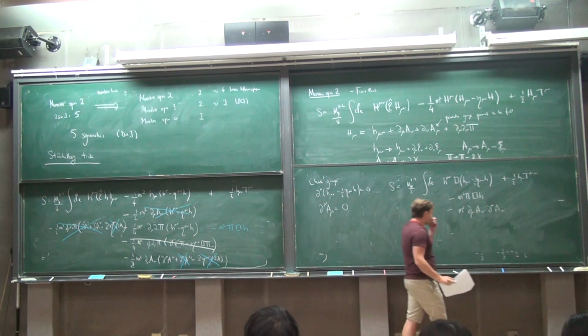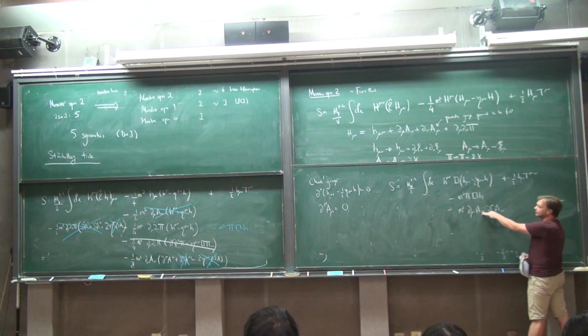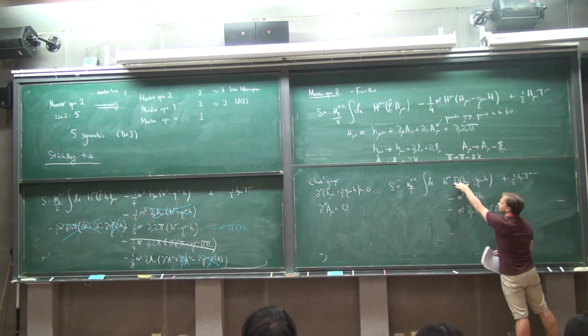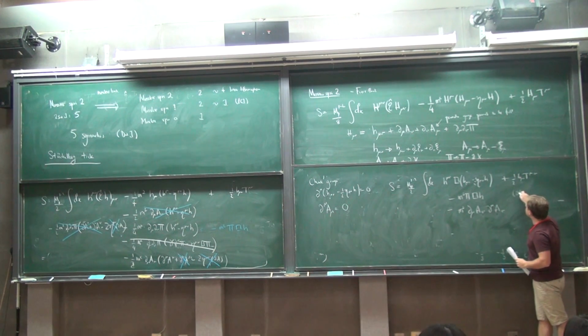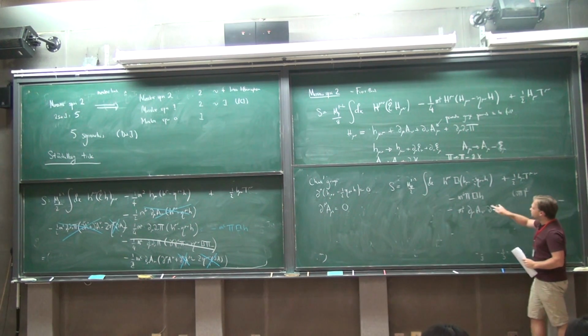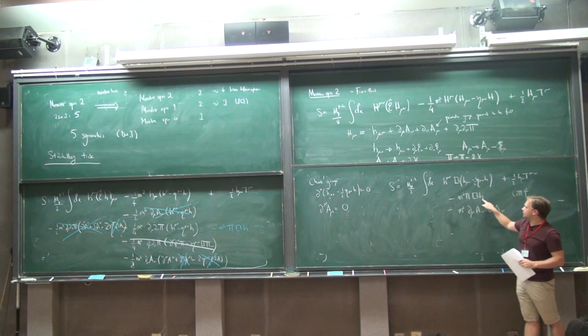Now, the purpose of that is to see that this is essentially the kinetic term for the spin 1 part. This is the kinetic term for the spin 2 part. But there's no explicit kinetic term for the spin 0 as it stands. There's no piece like that. But there is a mixing between pi and h.